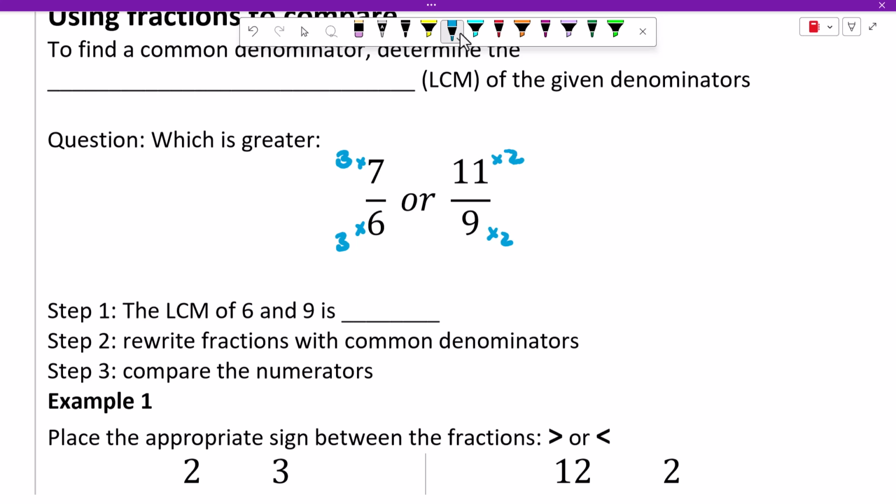So 6 times 3 is 18. Then we have 7 times 3 is 21. And the other one is 2 times 11 is 22, and 9 times 2 is 18.